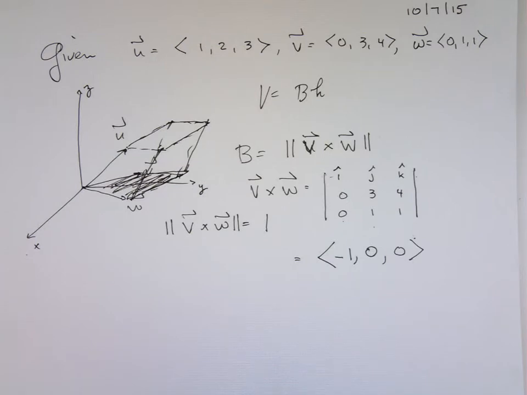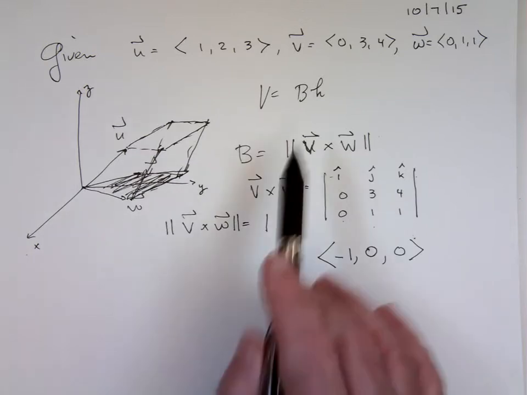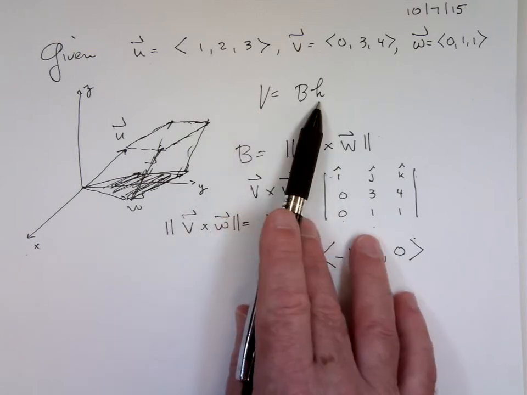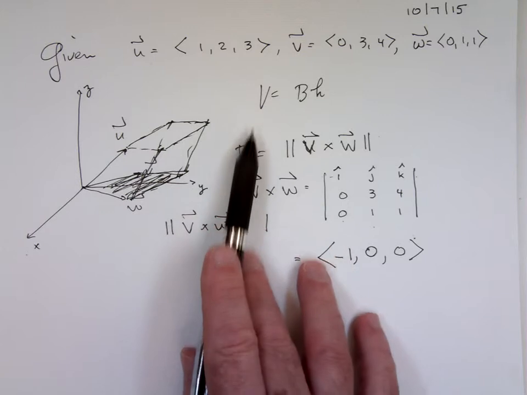One way, and the more intelligent way, it seems to me, is to find the volume first. We have a formula for volume. The volume of a parallelepiped is the triple scalar product. Once we know the volume and we know the area of the base, we can solve for the height by taking the volume divided by the base.